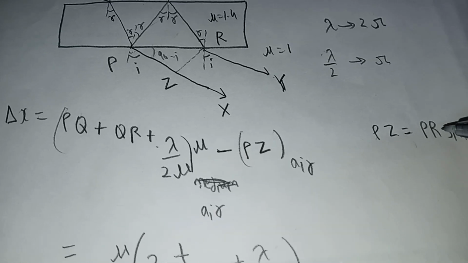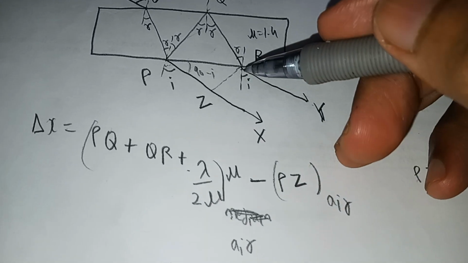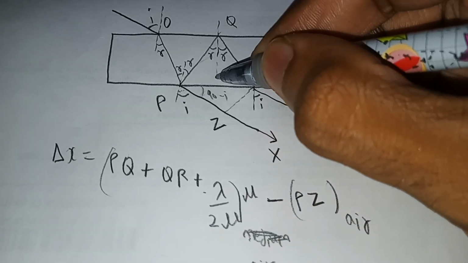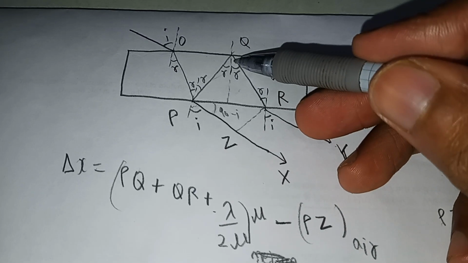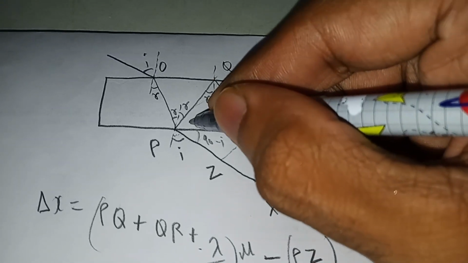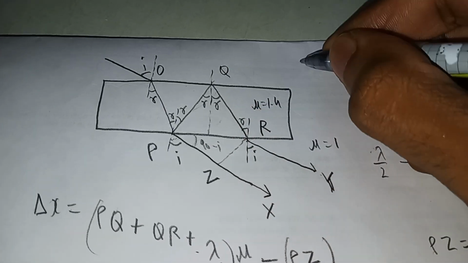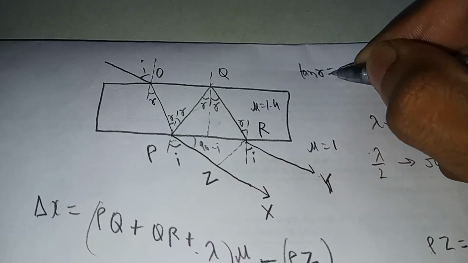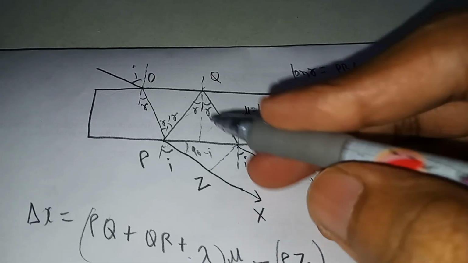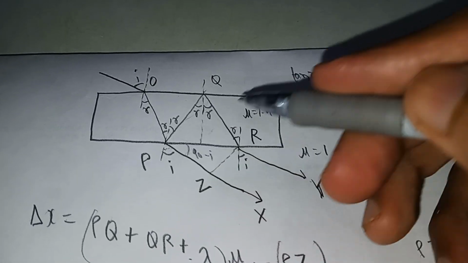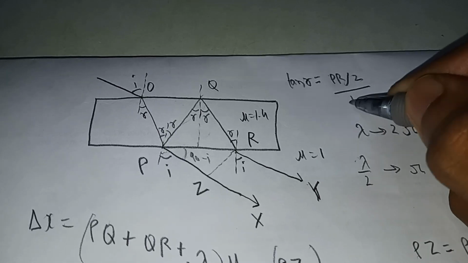And further we can write PR in terms of thickness. tan r equals half of PR divided by thickness, by symmetry.